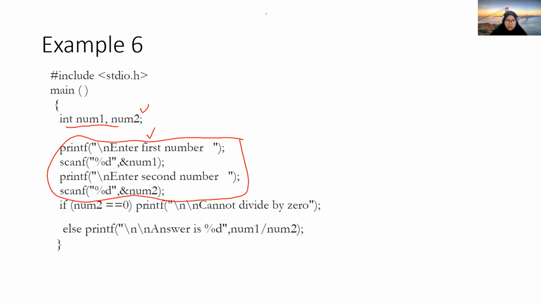Let's say I key in num1, because that is the first number. Number 1 is equal to 10, and then num2 equals 5.